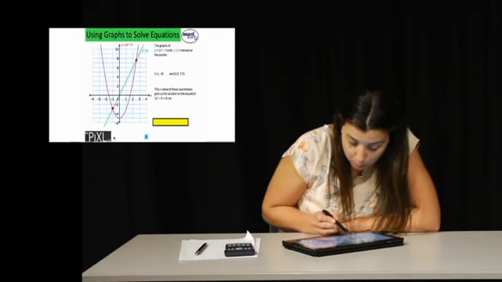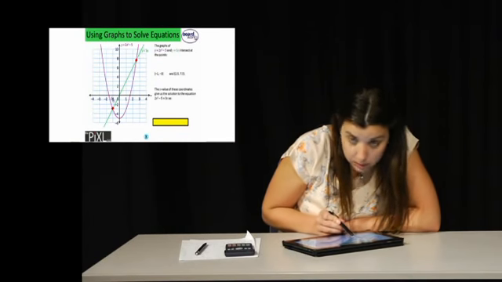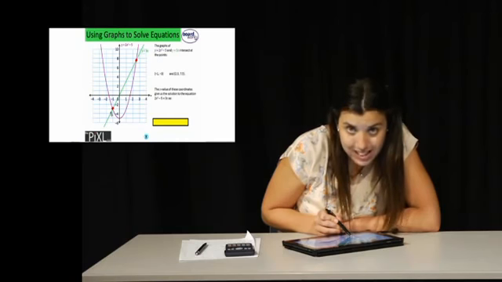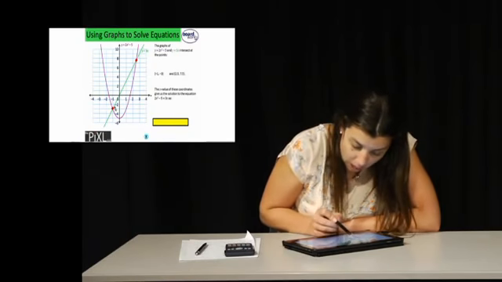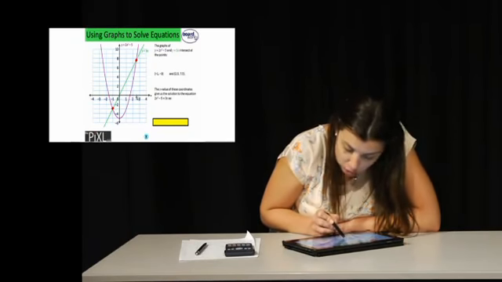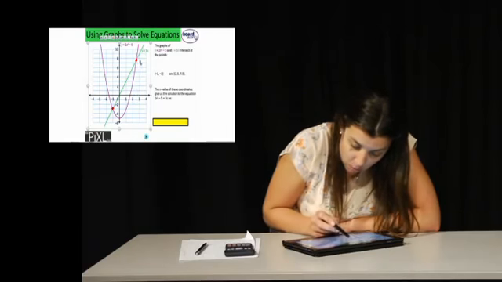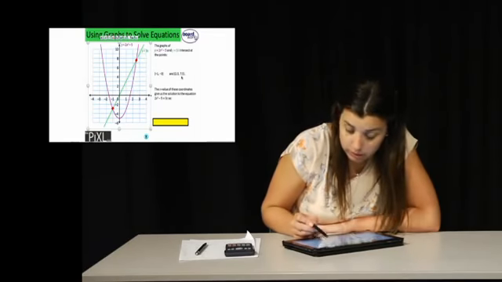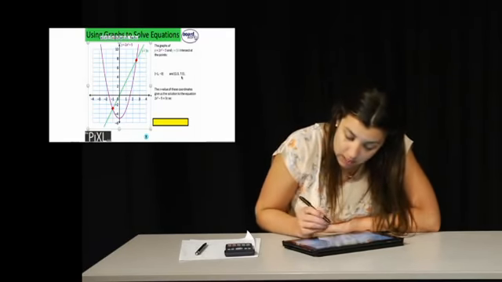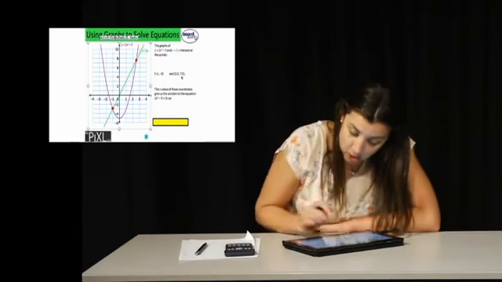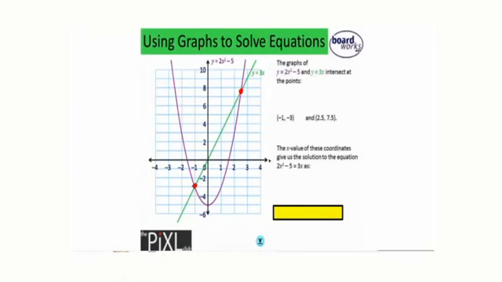If we look at those, our point here is -1, -3. That's x, then y. Up here on our x, we go across 2.5, and we go up on our y to 7.5. So the x value of these coordinates give us the solutions.